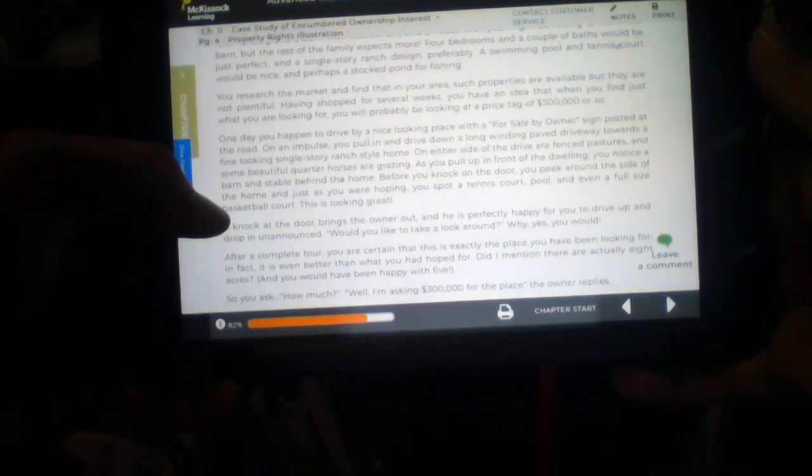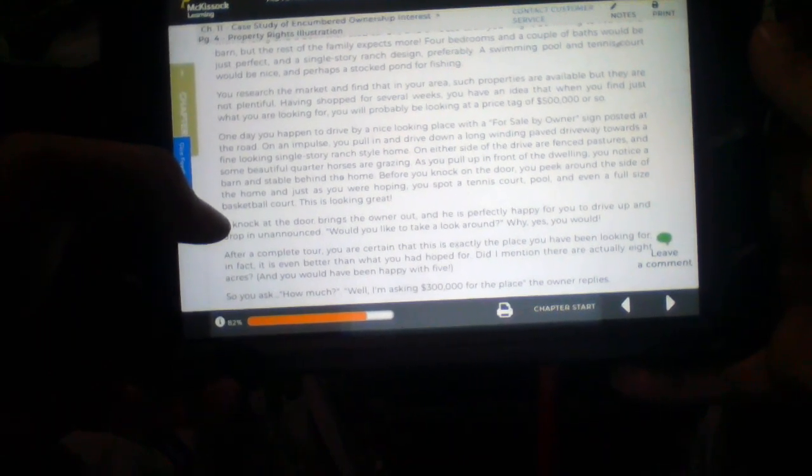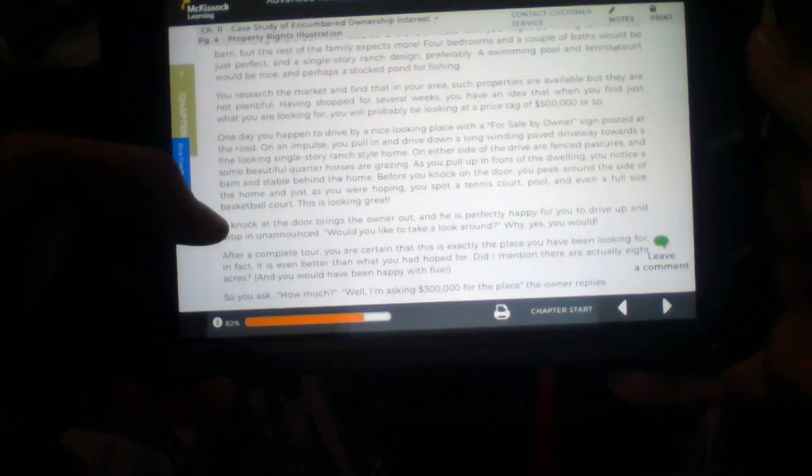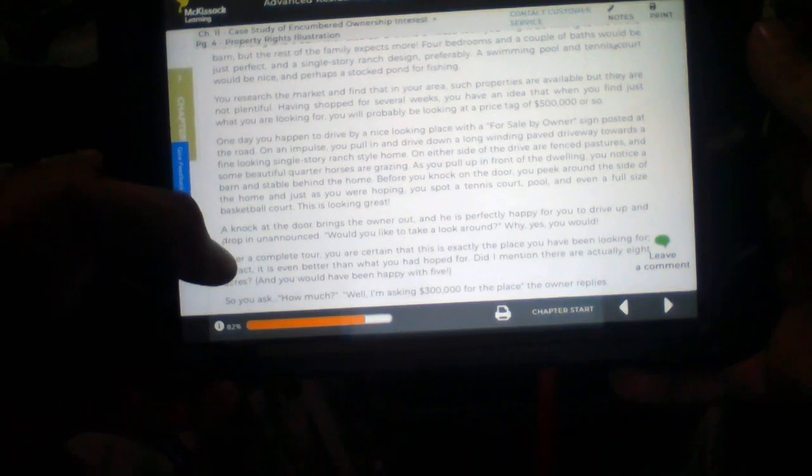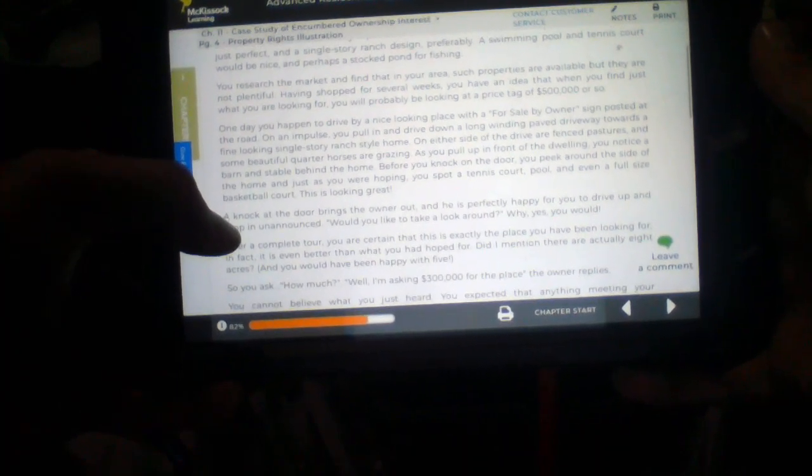Oh, and a house too. You might be willing to live in the barn, but the rest of the family expects more. 4 bedrooms and a couple of baths would be just perfect, and a single-story ranch design preferably. A swimming pool and tennis court would be nice, and perhaps a stocked pond for fishing.